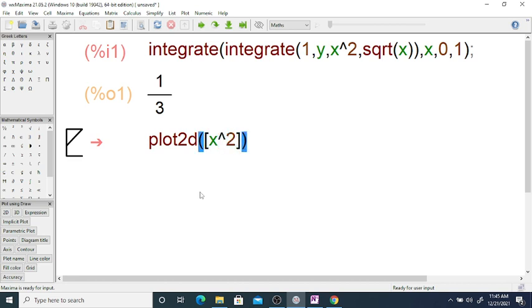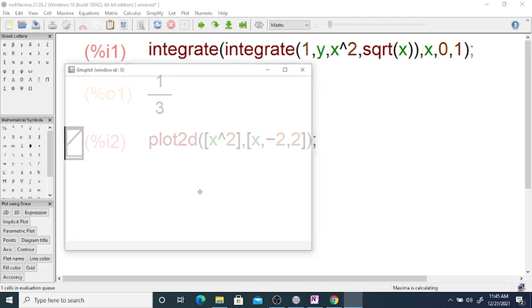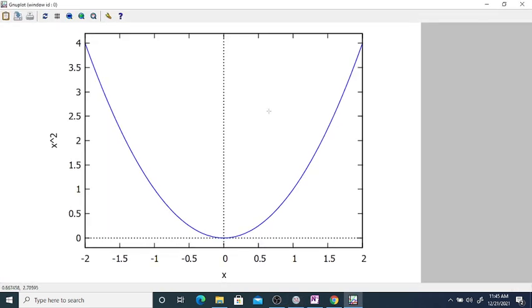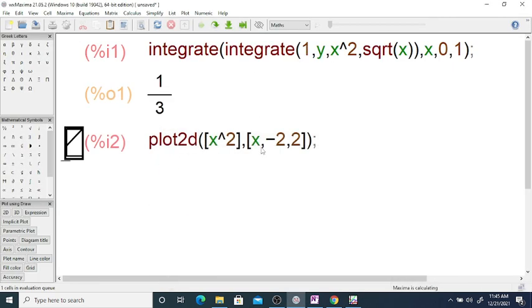First we draw x square in the variable x, from minus 2 to plus 2, then now you can check here, this is the graph of y equal to x square between minus 2 to plus 2. Similarly, on the same axis you can draw the graph of square root of x from minus 2 to plus 2.